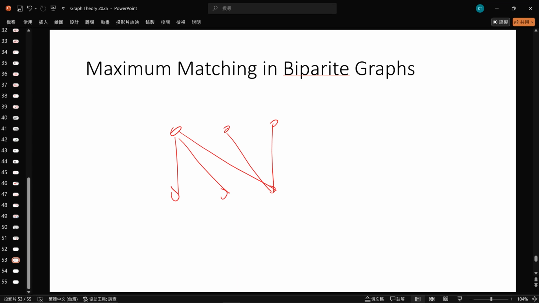So this is a bipartite graph. And what is a matching? A matching is like to match vertices. In order to match vertices, you have to make sure that no vertex can be matched to multiple vertices. So it's like a one-to-one mapping.